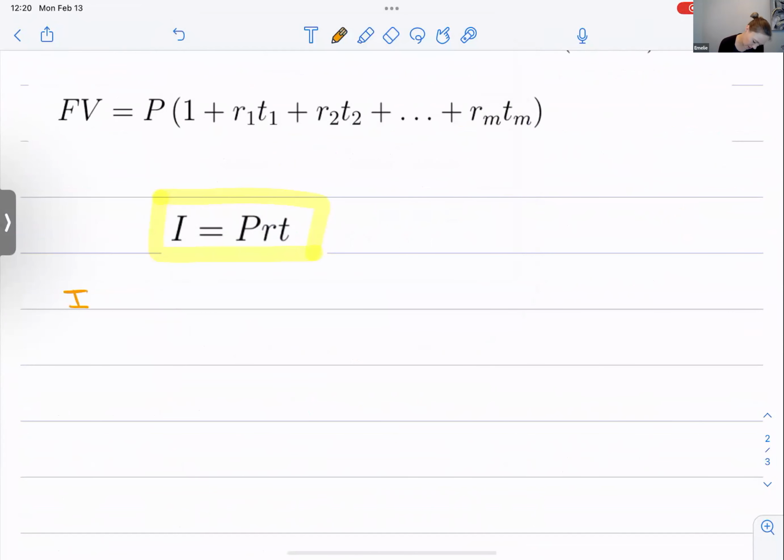And so I is the amount of interest, which means it's a dollar amount.